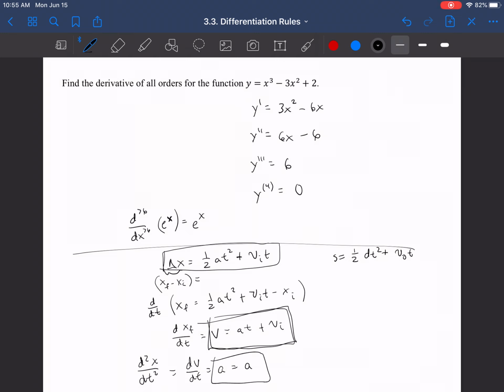So what this tells you is that this equation here in physics and this equation here are valid if the acceleration just always equals itself. In other words, if it equals a constant. Okay? So just a little something for you if you've taken physics or you're about to. That will help you memorize those equations a little better. They're just derivatives of each other.